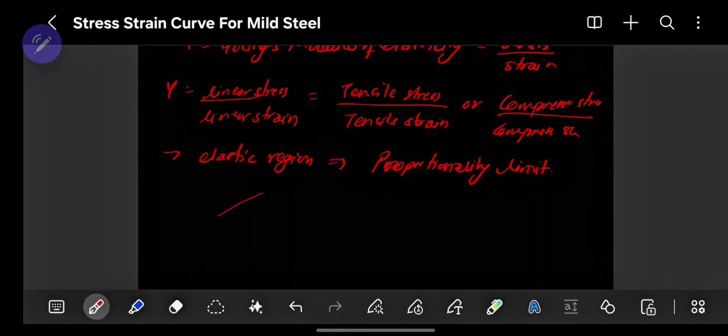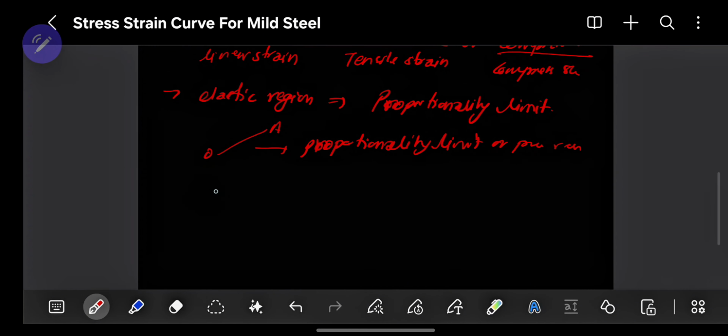So this region of OA is specifically called the proportionality limit or proportionality region. This region exactly follows Hooke's law.